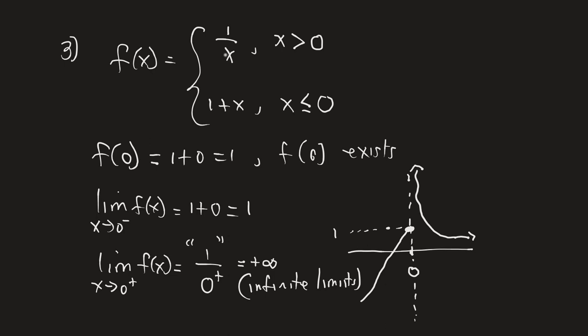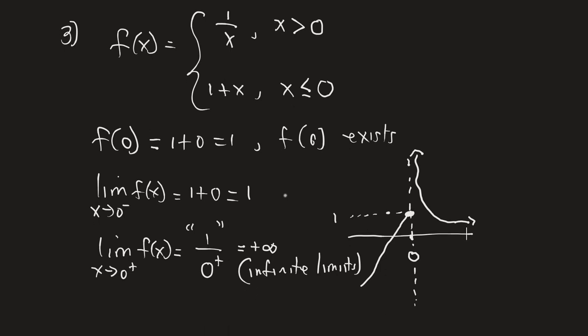The problem is, though, as those numbers get smaller and smaller, like if I put numbers like 0.1, 0.01, 0.001 into this function, when I take the reciprocal, we get large y values, right? So even though we can always find a y for values in this domain, it's the fact that those y values are getting so large that forces the function to have an infinite discontinuity.